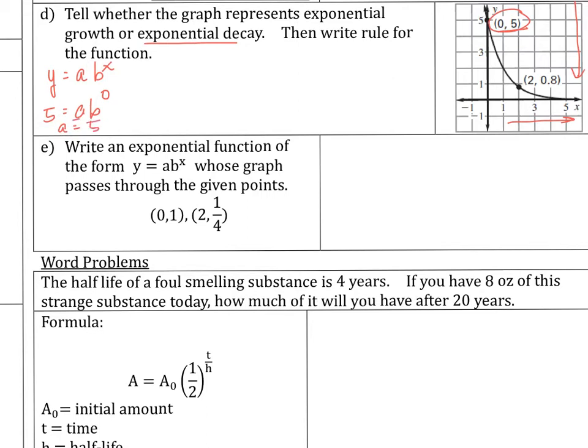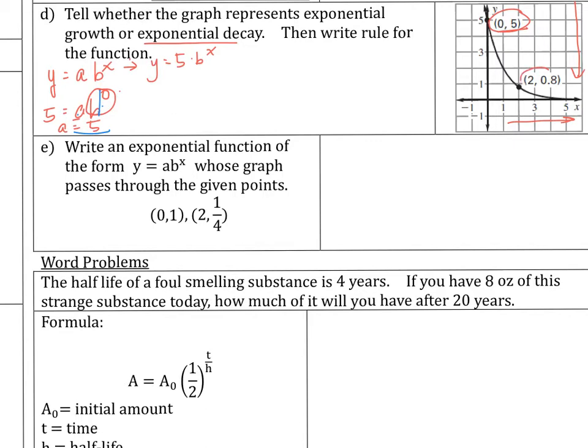Okay, b to the 0 power is 1. So 1 times a is still a, which makes 5. Okay, I'm going to rewrite this as y equals 5 times b to the x power.